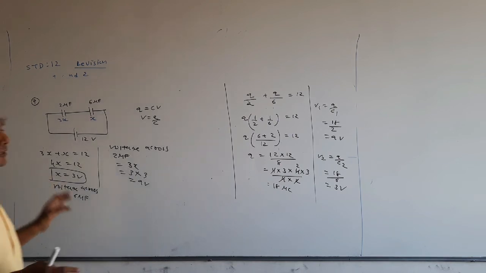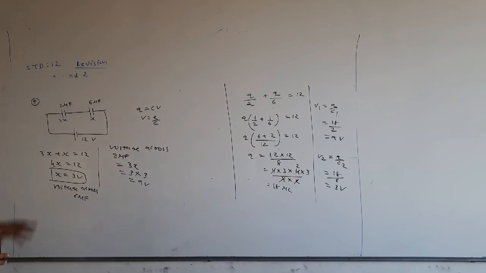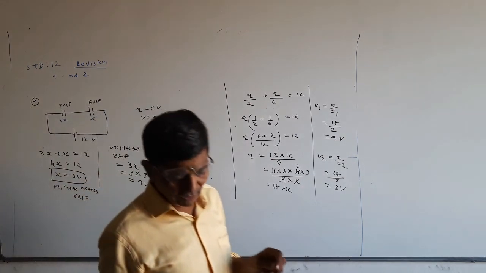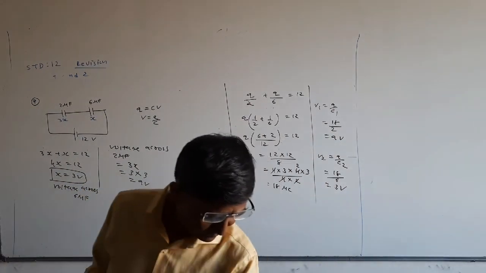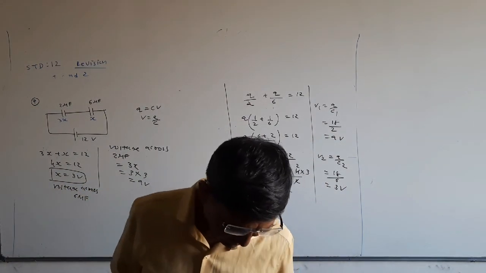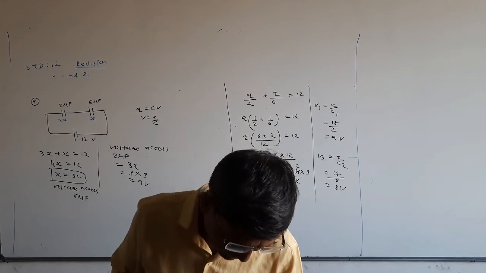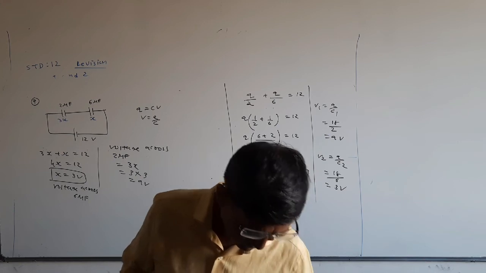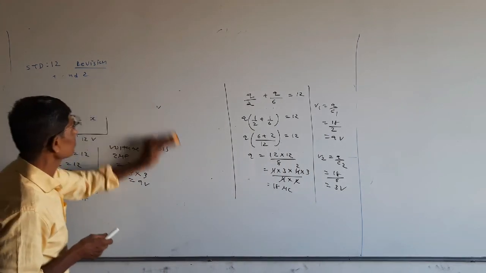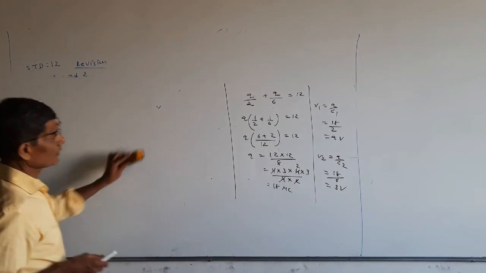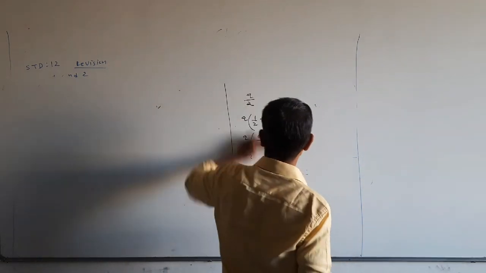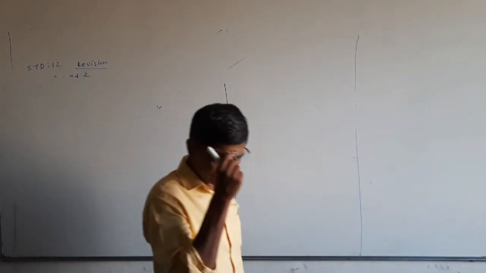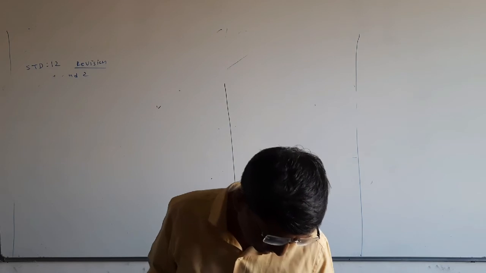When we solve MCQs, we can calculate like this. Why? Because in series connection, charge remains the same. Accordingly, we can calculate. Basic principle we need to keep in mind.